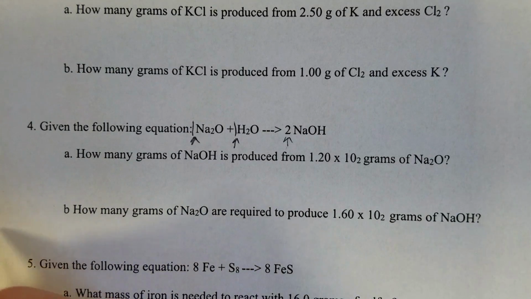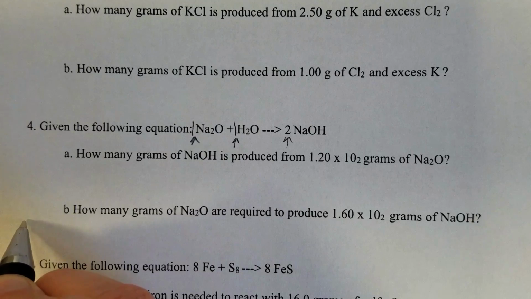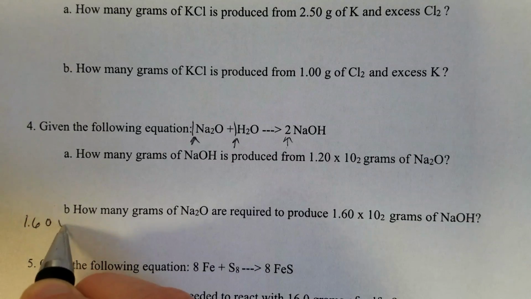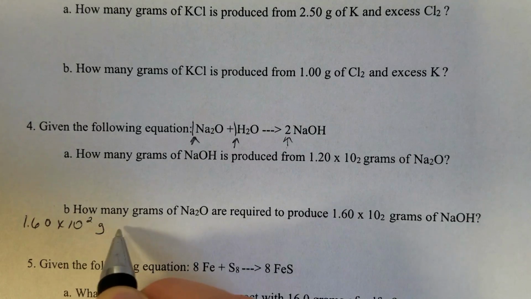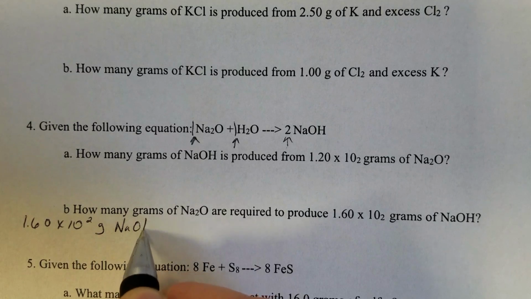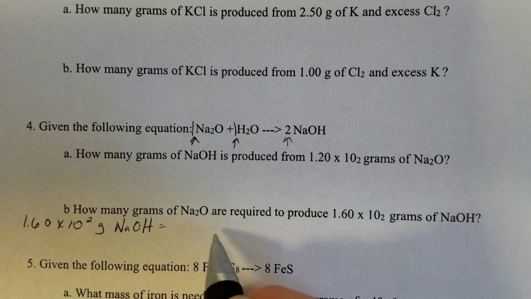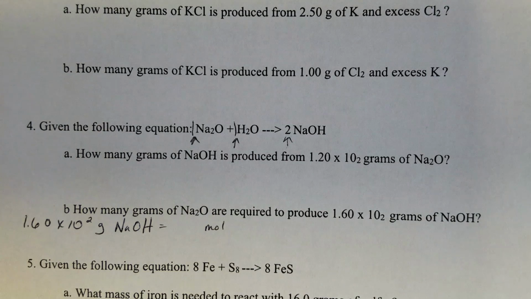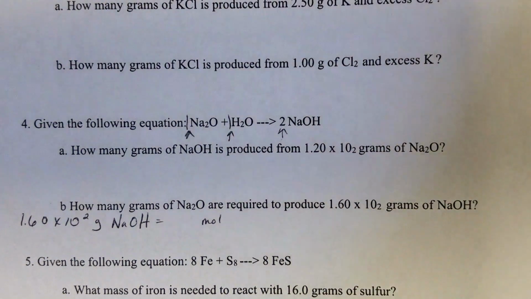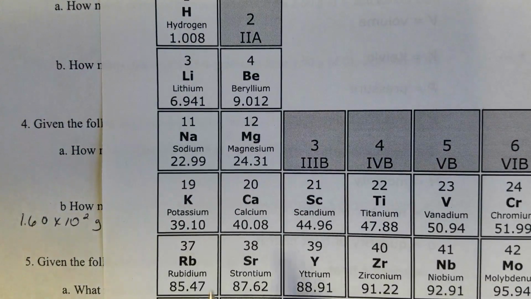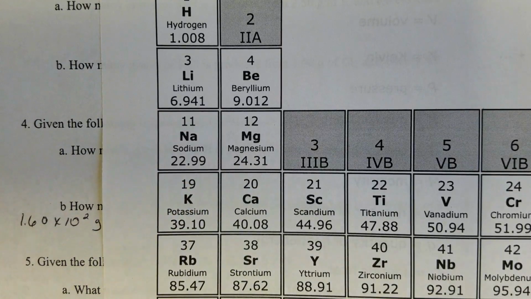So we need to take 1.6 times 10 to the 2 grams of sodium hydroxide to moles. We've got to figure out how many moles that is. So let's find our molecular weight of sodium hydroxide. If we look at our periodic table, our sodium is 23.